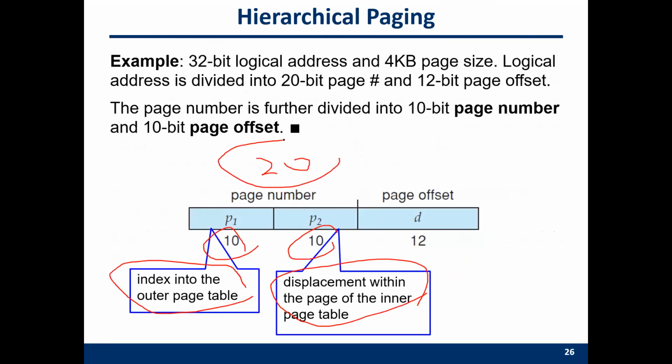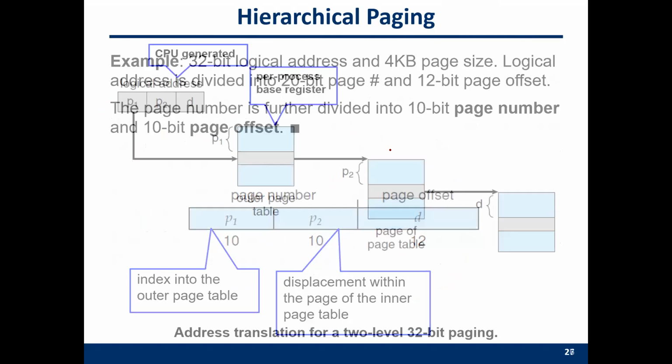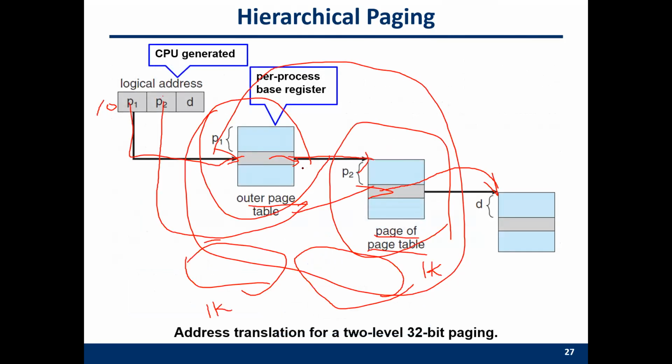Traditionally, if we use these 20 bits to do the index, we have 1M entries. But in this hierarchical paging, we have 1K here and another 1K here.